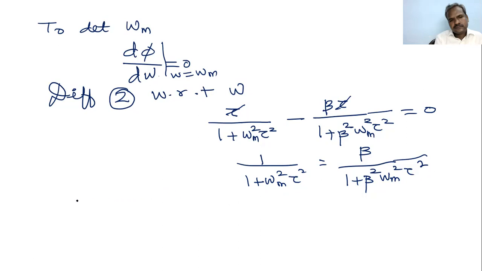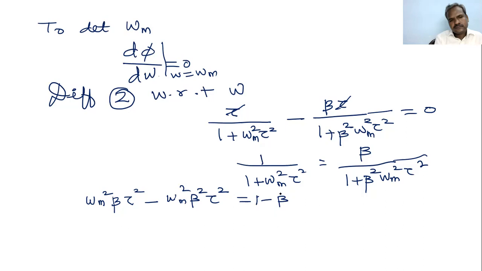So here omega m square beta tau square minus omega m square beta square tau square equal to 1 minus beta.